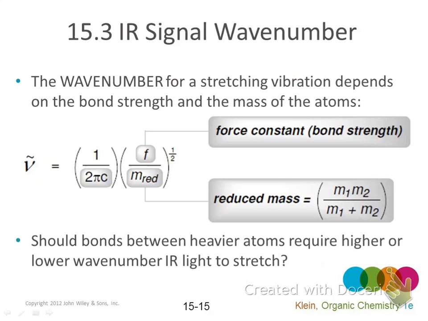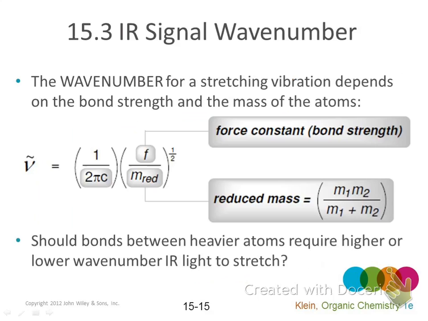Let's just do the math real quick, because sometimes it's best to prove things to ourselves just by seeing it. 12 times 16 divided by 28 is 6.8. Oh, sorry, 6.9. Doesn't matter, I rounded wrong, but it's 6.9.